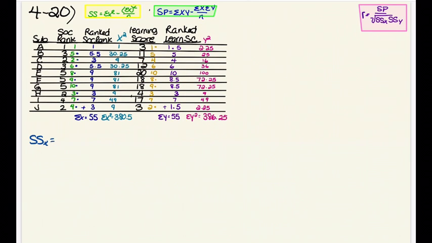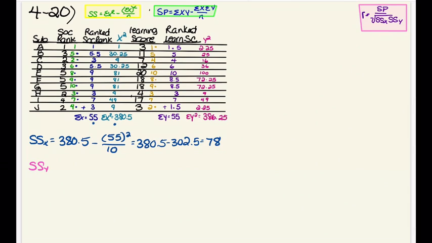Next, we'll calculate the sum of squares for X by taking the sum of X squared and subtracting the sum of X, squared, divided by N. And we'll come up with a value of 78.